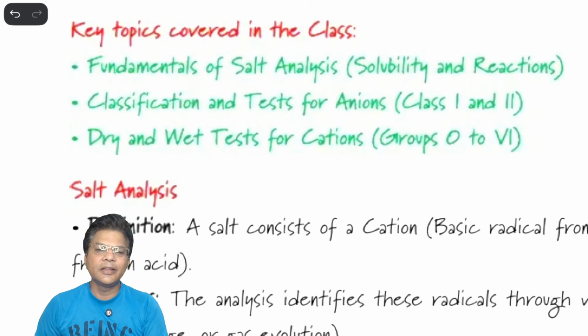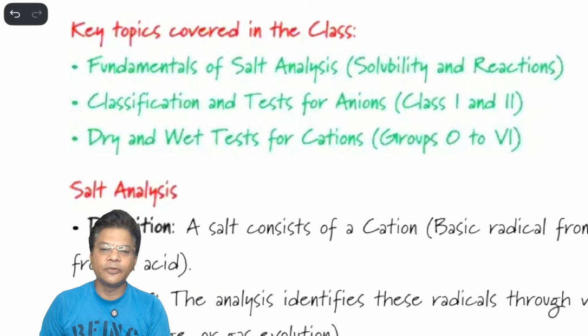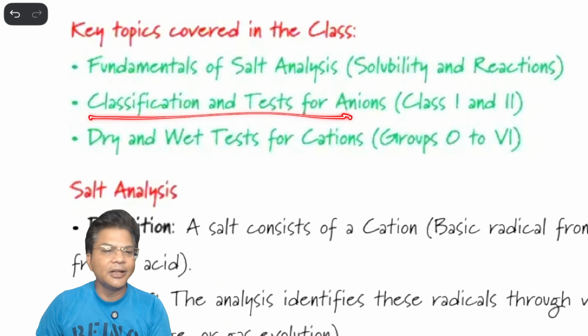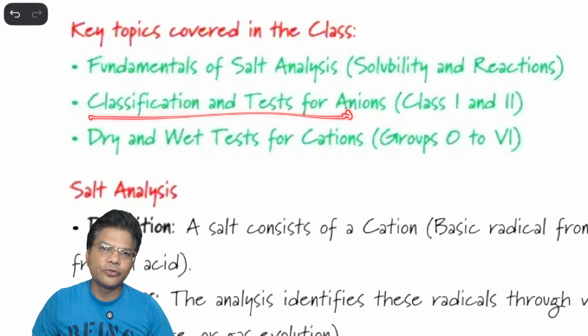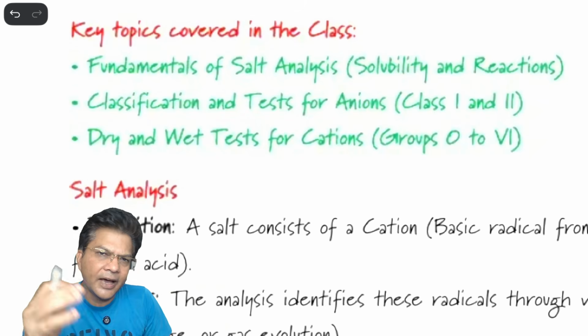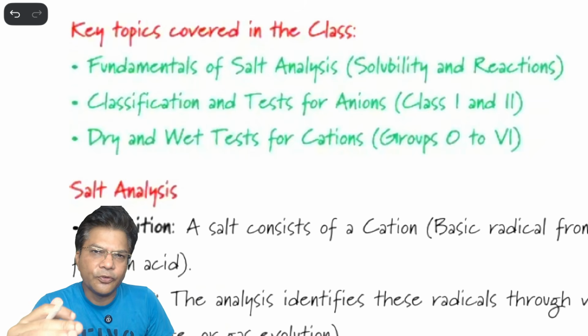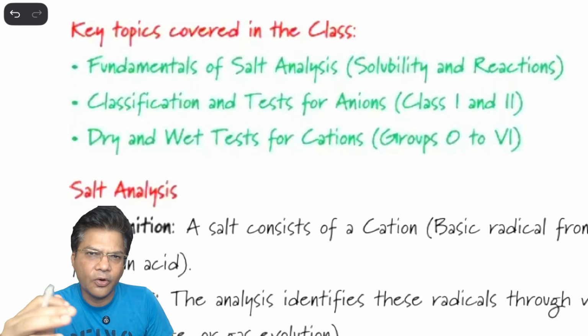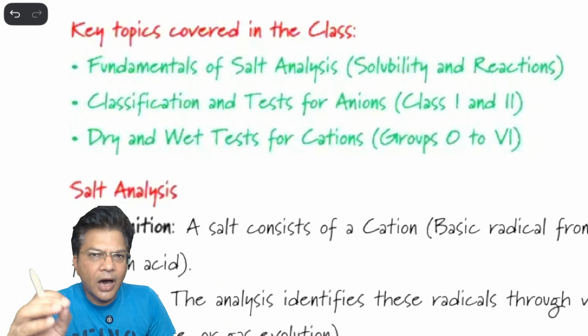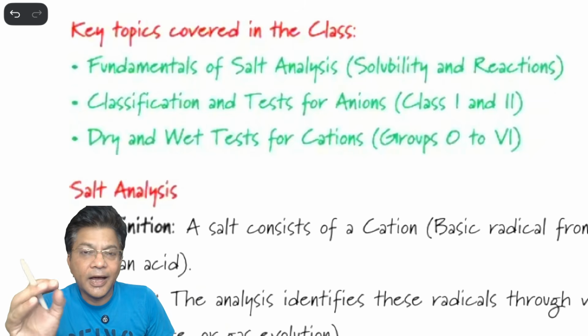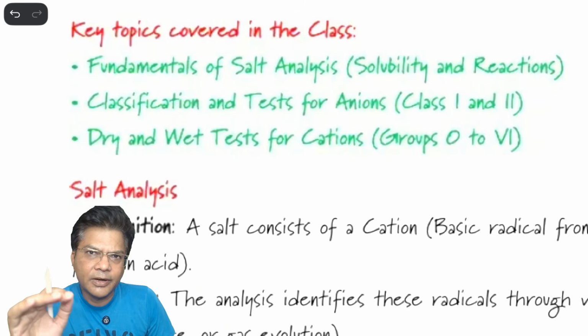The second thing is the classification for tests of anions. First I will deal with cations and then I will let you know anions, because a salt is made up of cation and anion: when acid reacts with base, it forms salt and water. So how many cations and how many anions are in your syllabus, I will deal with one by one.